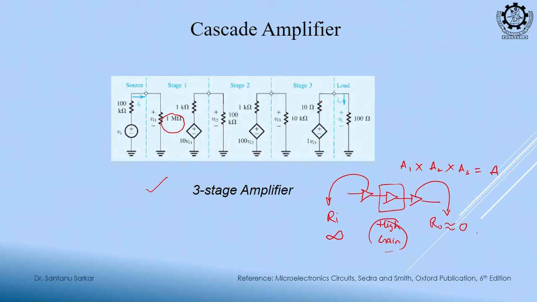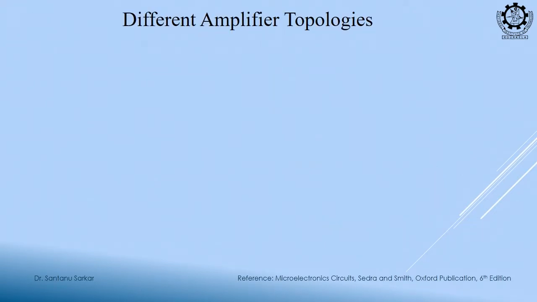Output impedance of 10 ohm satisfies our output criterion. In between we have gains of 10 and 100, so a total of 1000 is already achieved. In the last stage, our gain requirement is not important; what is important is that the output impedance should be low. So, these are arranged in such a way. Now, there are other amplifier topologies also.